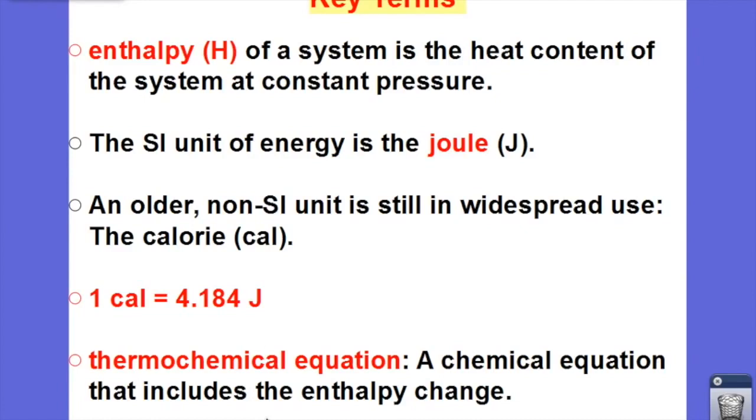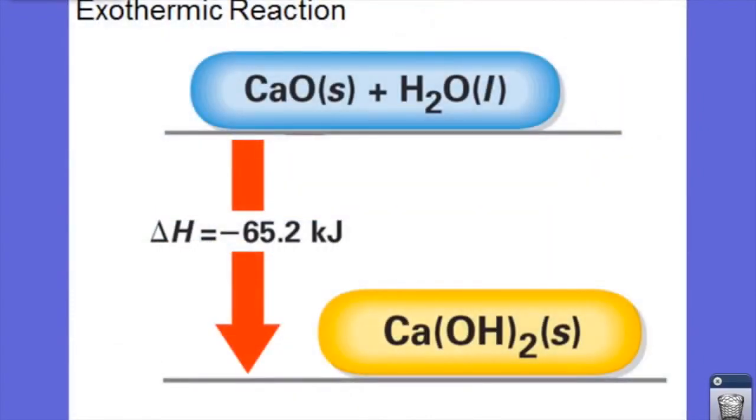Thermochemical equations. A chemical equation that includes the enthalpy change. If they include the heat as part of the equation, we call it a thermochemical equation. Last time we said exothermic reaction means when heat is released. For example, this is calcium oxide plus water. When you put them together, you form bonds.